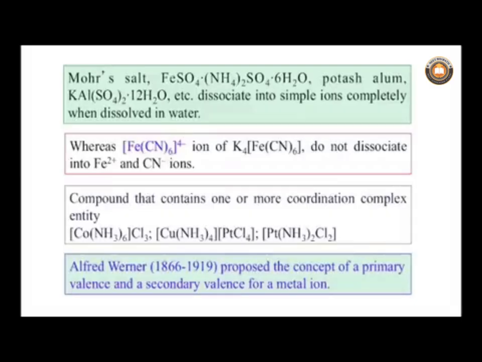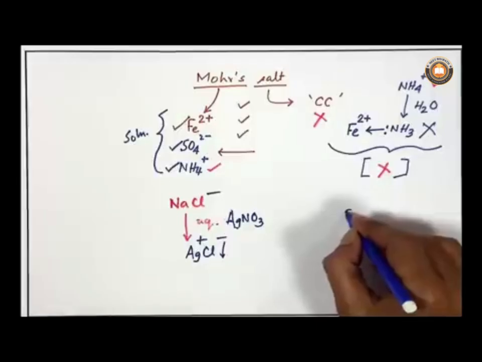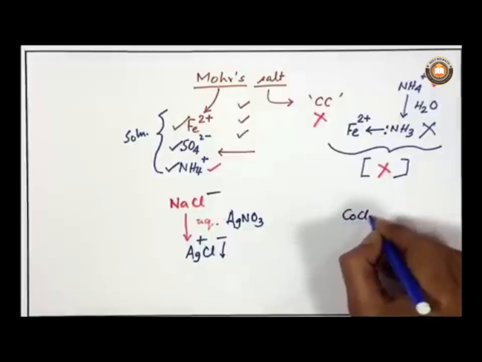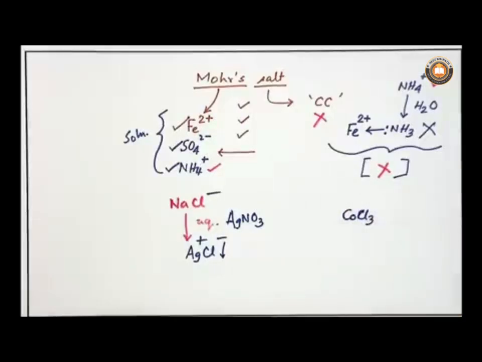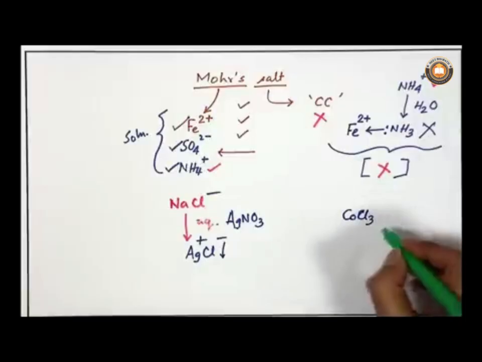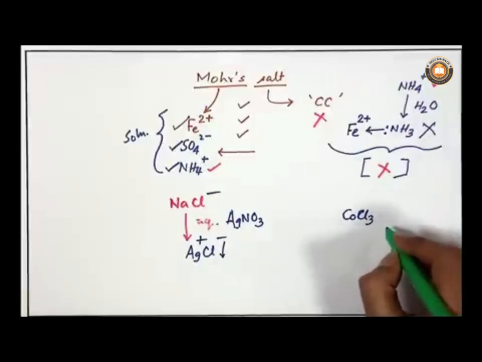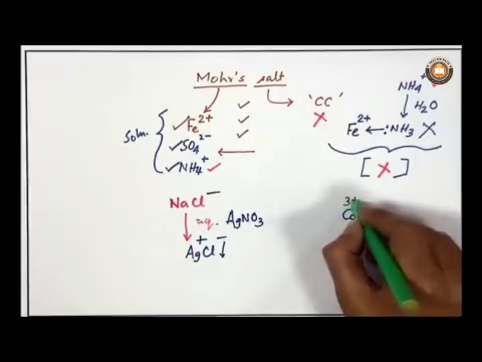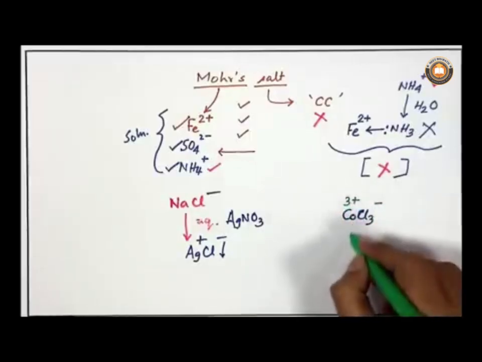So, instead of cobalt chloride as the salt, we all know cobaltic chloride would be CoCl3. Now what happens if we add some amount of ammonia to that cobaltic chloride? Cobaltic chloride is a typical inorganic salt, and like all other metal salts, it is written with a capital C and a small o: CoCl3, where the cobalt is present as 3 plus and the chlorides as Cl minus.